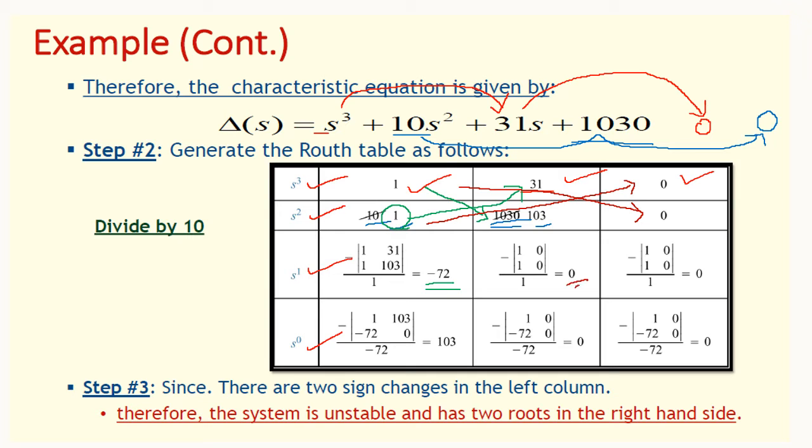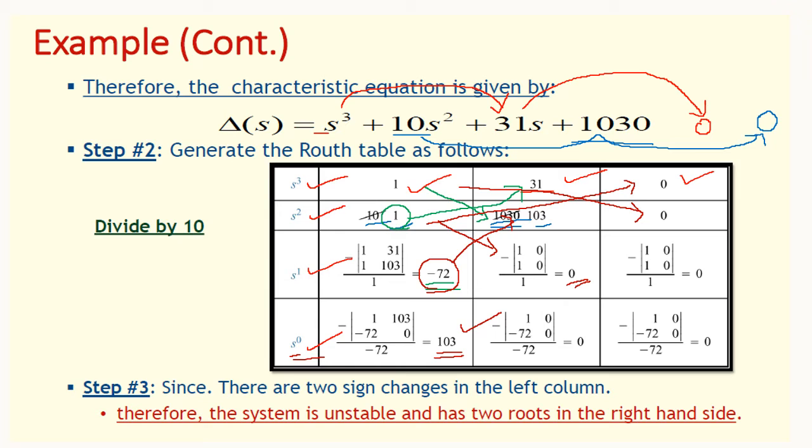So the whole thing is nothing but 0, and it goes on. So in this s to the power of 0 part, I got the answer as 103. That is nothing but minus 72 into 103 minus 1 into 0, divided by minus 72. A negative value divided by minus 72 means we get a positive value. So it is 103.